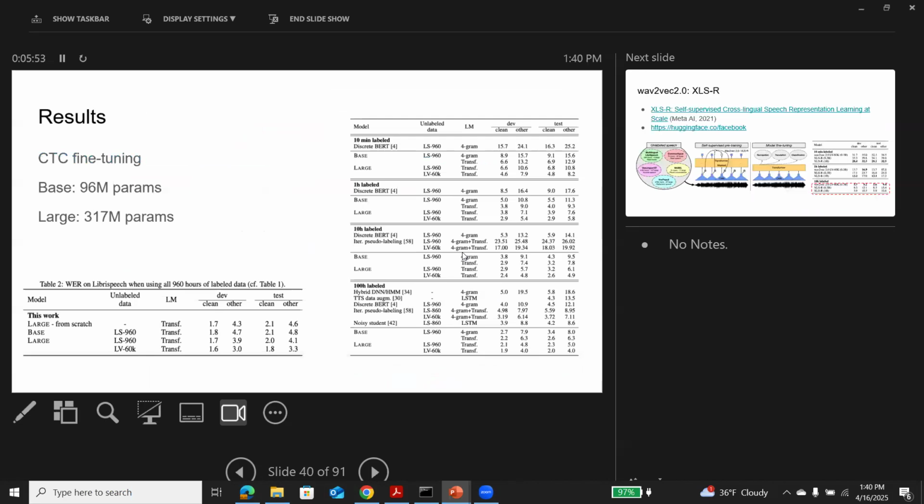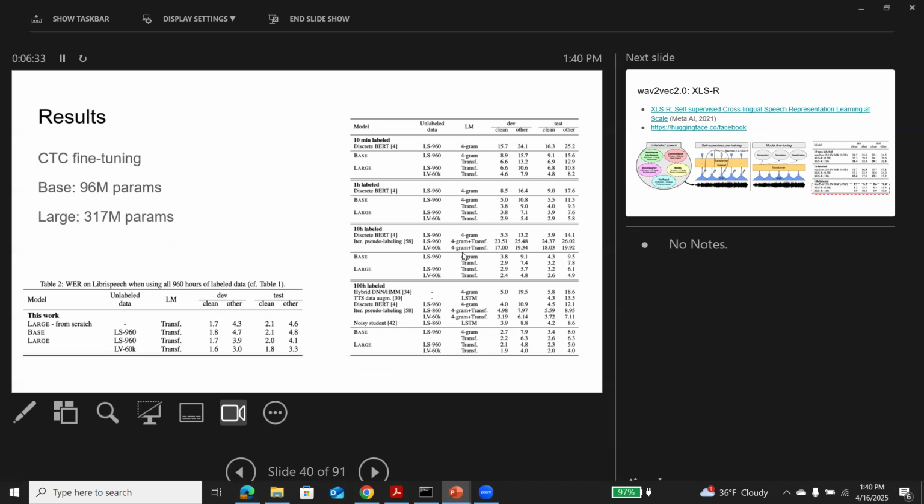But here are the results. You remember in language, when we used the word2vec model instead of just one-hot encoded embeddings for the words, all other tasks actually worked better, like text classification, for example. So the same idea here.